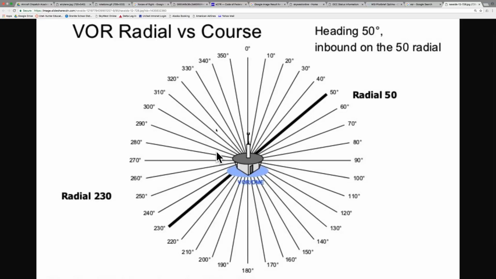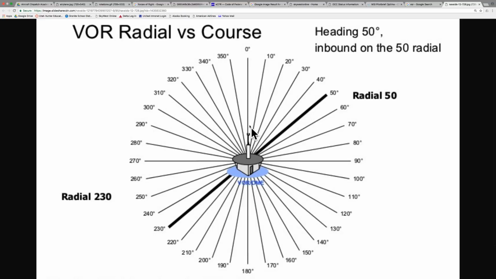Yeah. So this VOR sends out this 360-degree, basically compass. It also sends out a signal that if you're listening on your radio, and you're tuned into this VOR, it'll send out an actual Morse code, dots and dashes, identifying what station you're tuned into.